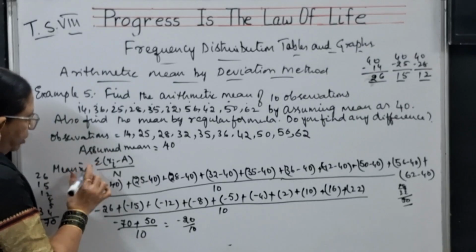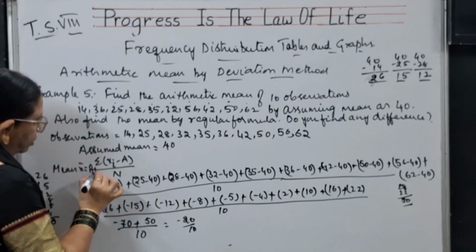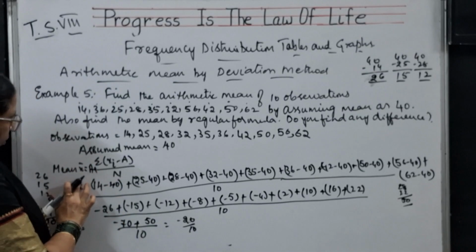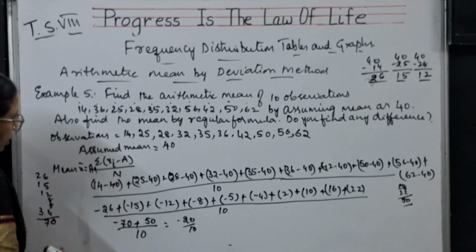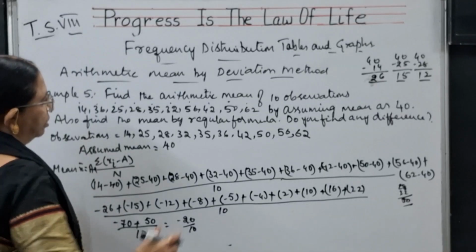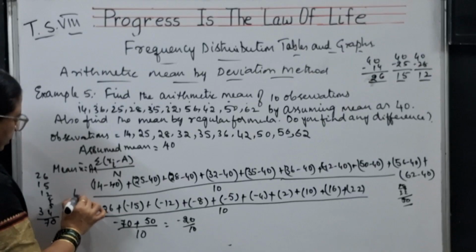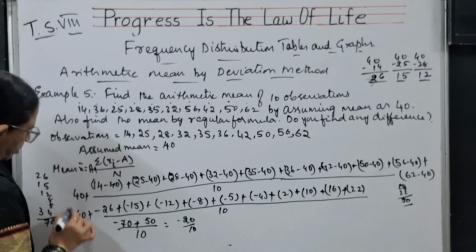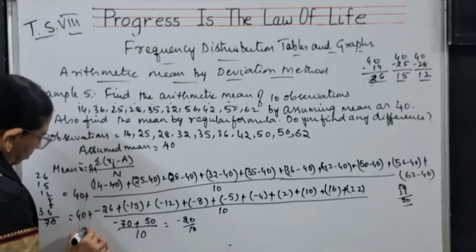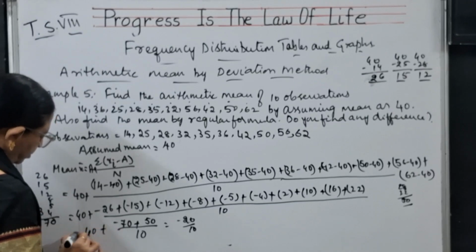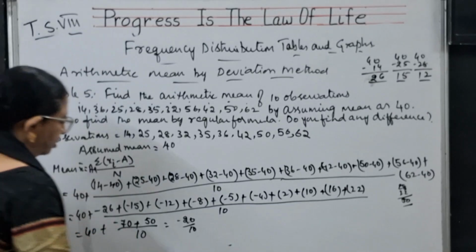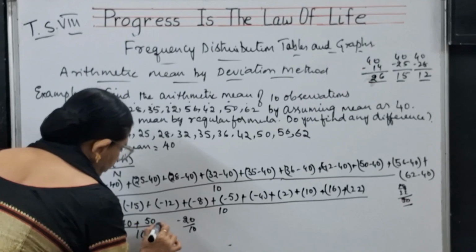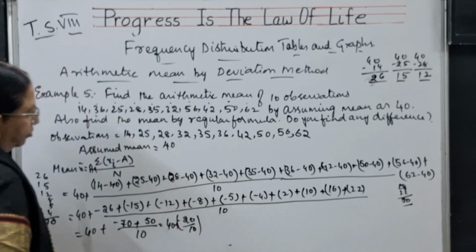Here the mean value is nothing but, I have forgotten, children, a plus. In all these cases the assumed mean is 40, so we should write 40 plus. So the mean is equal to 40 plus of minus 22 by 10.